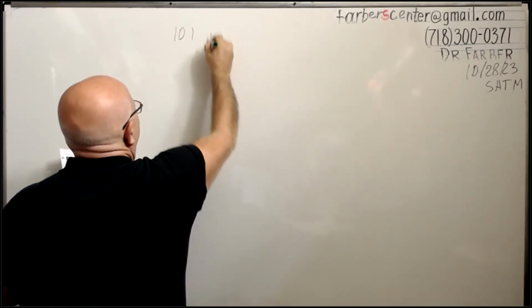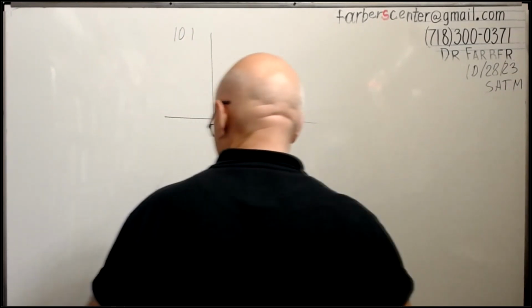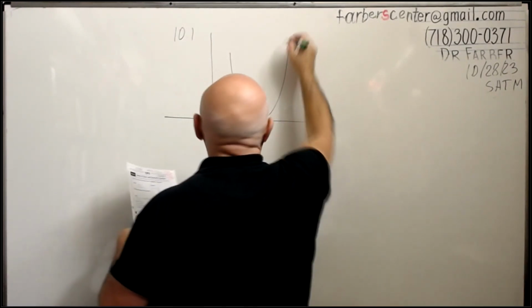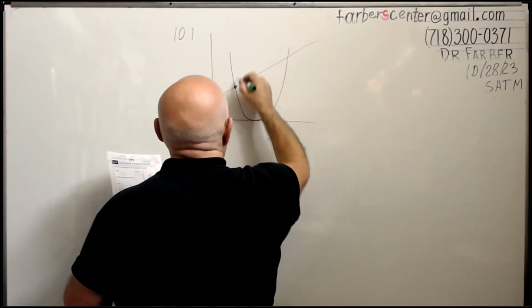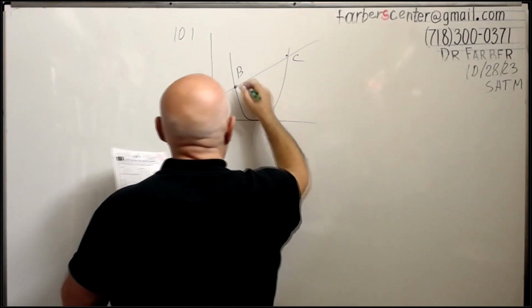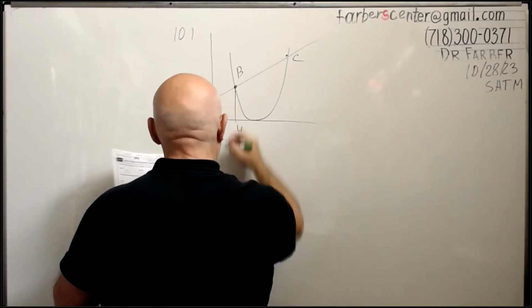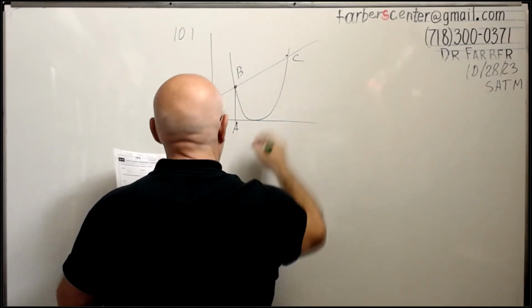We have Cartesian coordinates. We have a parabola. We have a line. And there are points B and C, this is A, and this is D.